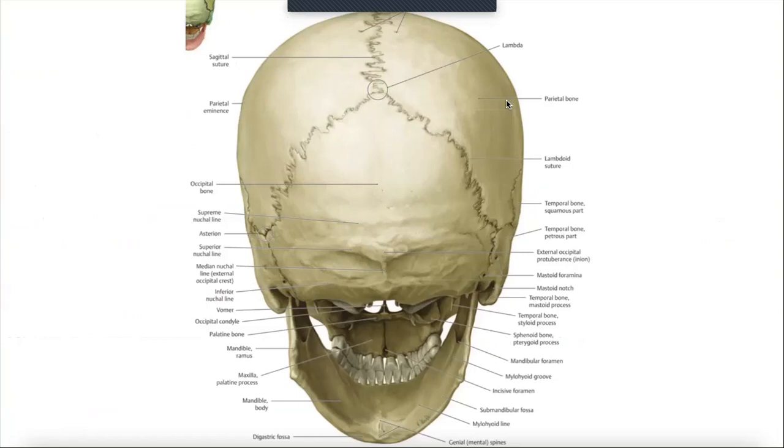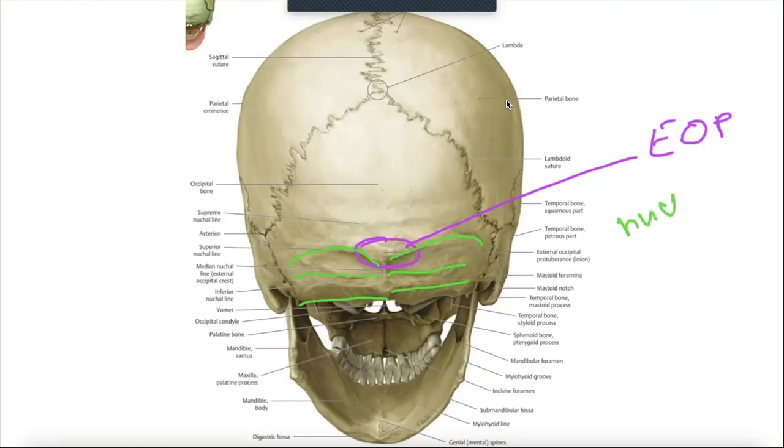Once you see these features, you can clearly understand. So this bony projection is called the external occipital protuberance. And the lines spreading from here are called nuchal lines, right?